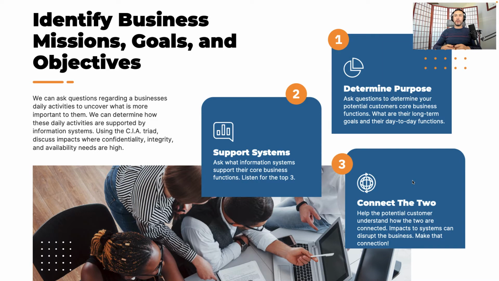How are you supporting the sales team, the marketing team, the delivery team, anybody making the product? So we need to get an understanding of what the business functions are that are happening on a day-to-day basis. These functions are what supports the business's mission, goals, and objectives. So by understanding the mission, goals, and objectives first, we can start asking questions about what the day-to-day items are that we need to understand.